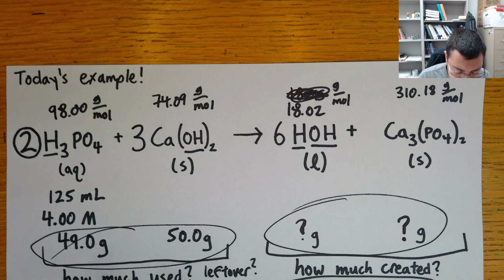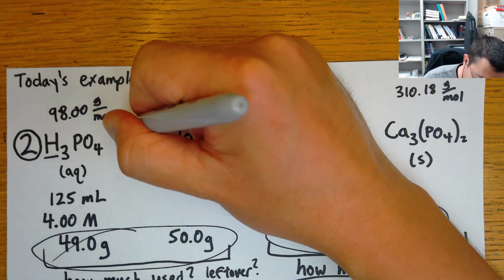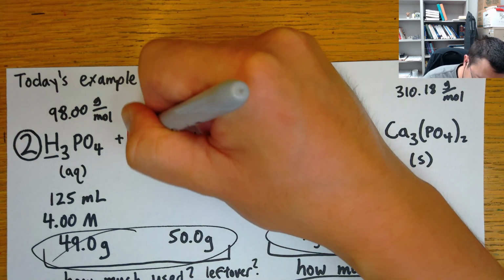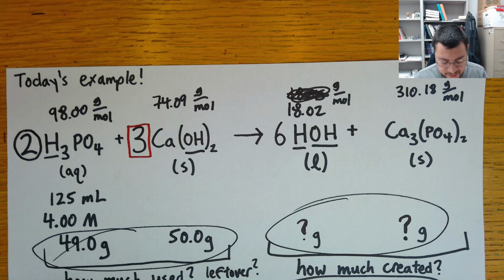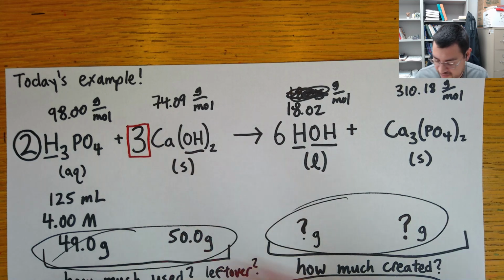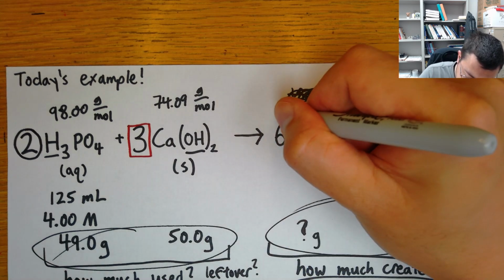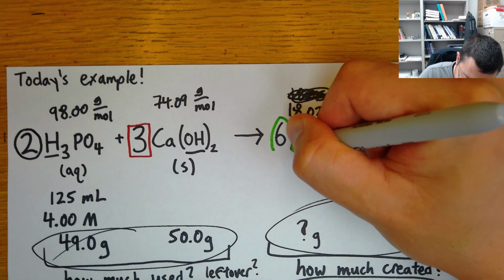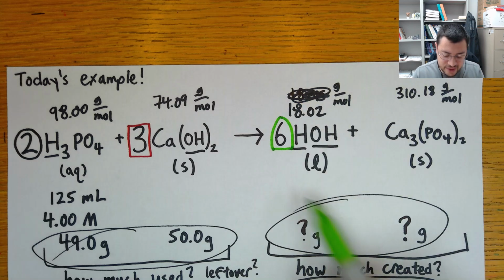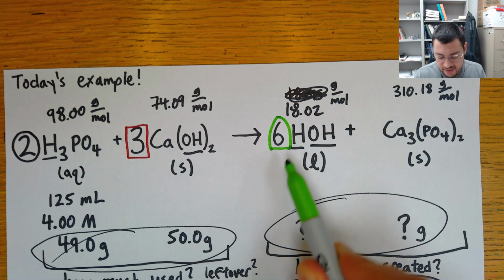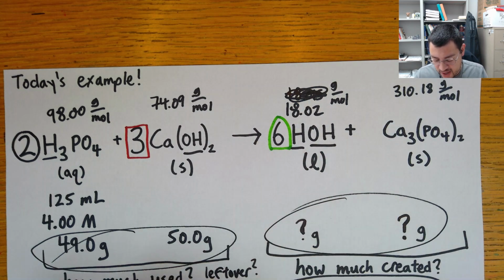So I'm going to use a black circle for that 2 as phosphoric acid, and I'm going to use a red box for calcium hydroxide's coefficient of 3, and then I'll use a green triangle, kind of a rounded triangle, more like an acorn maybe, for the 6 of water.